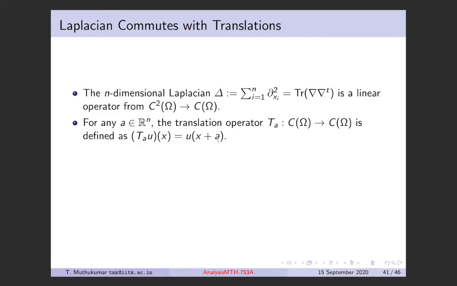So you take a continuous function u, T_a u is also a continuous function. The way it's defined is like this. It's basically the same as u, except that the value at x is the value of u at x plus a.